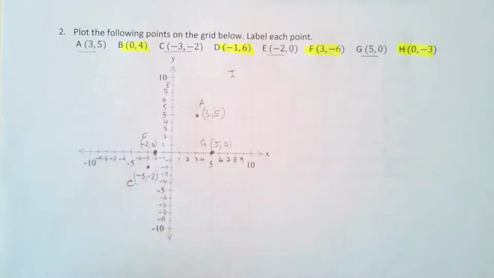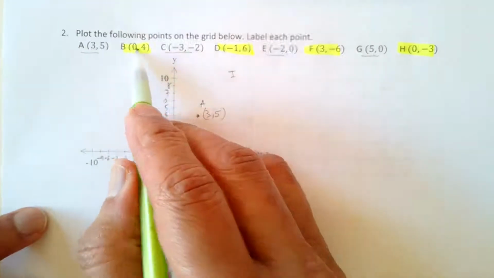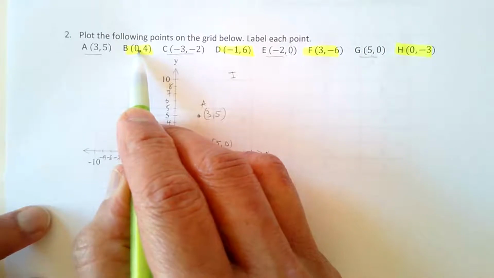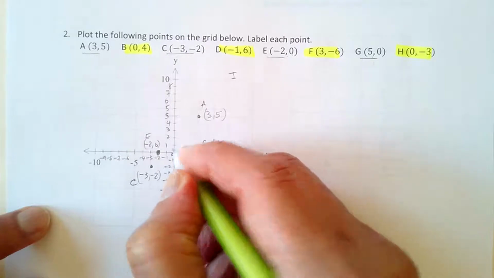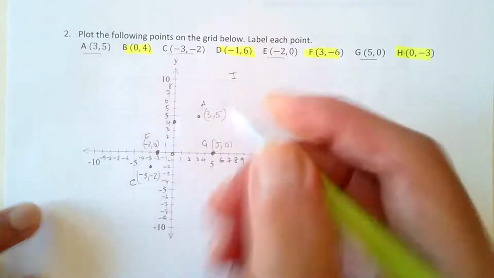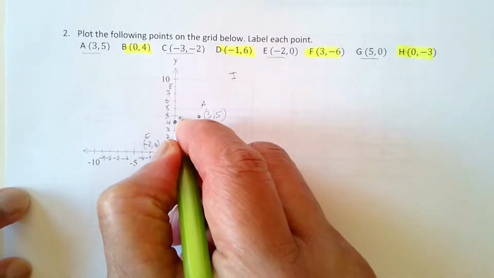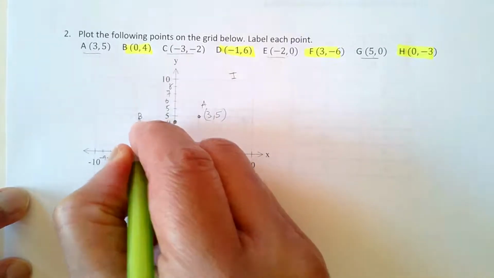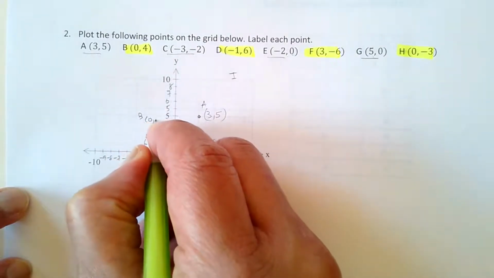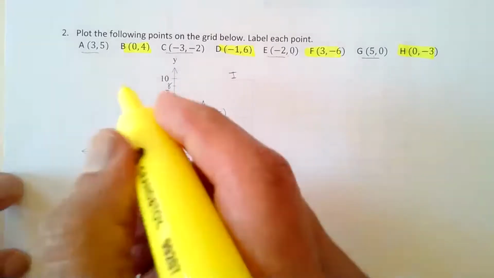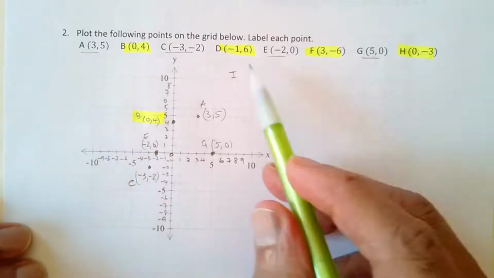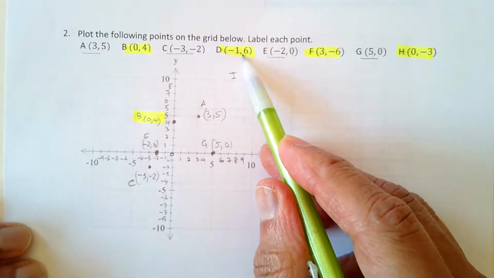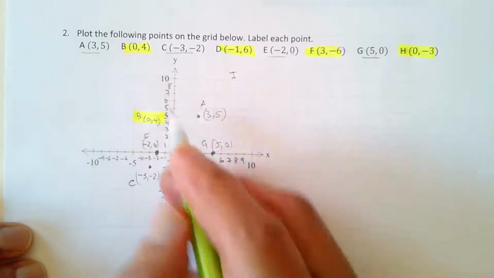So now for B, x is 0, y is 4. So this is 0 here, x is 0, y is 4, it'd be right there. So B, right over here, (0, 4). So I'll highlight that. D, (-1, 6): negative 1, up there is 6.